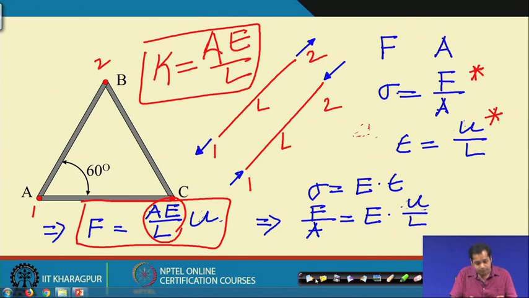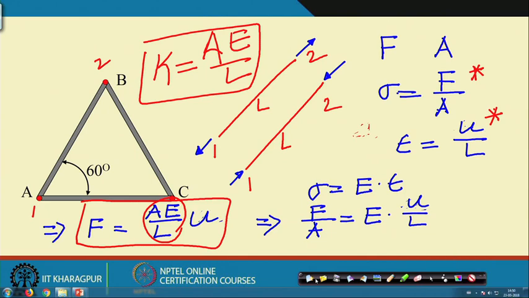But when we say U is some value, we cannot really say how the change in length takes place.